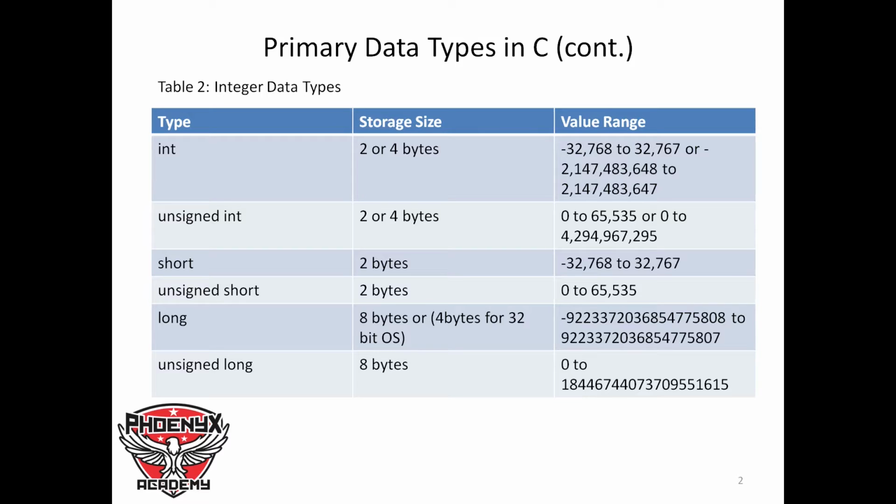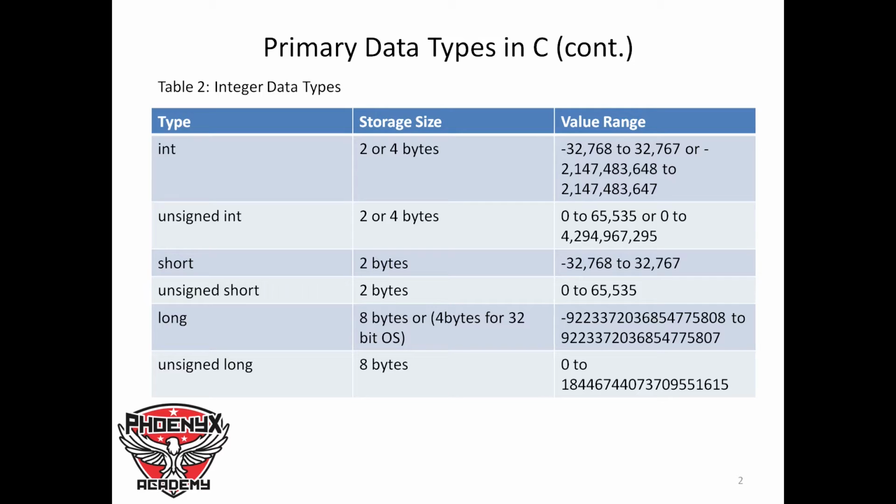The value range could be -32,768 to 32,767, or -2,147,483,648 to 2,147,483,647, depending on the type.